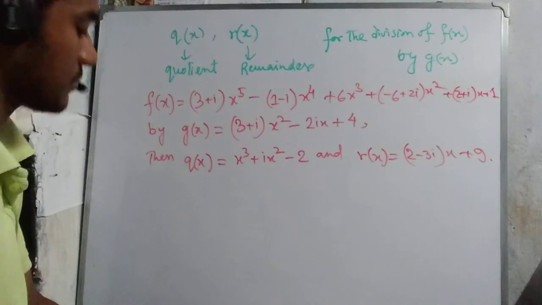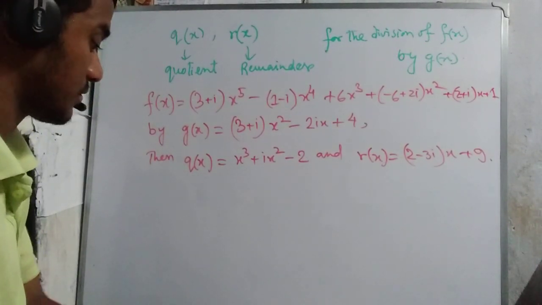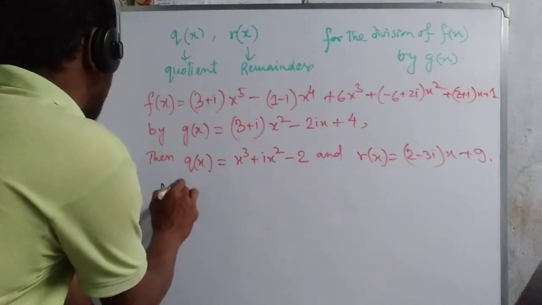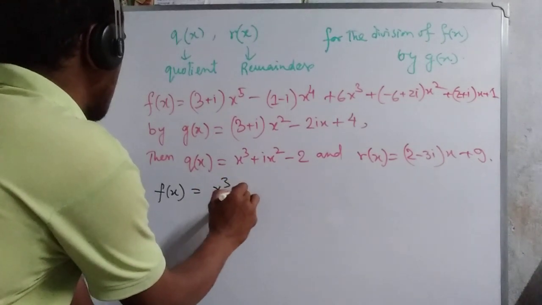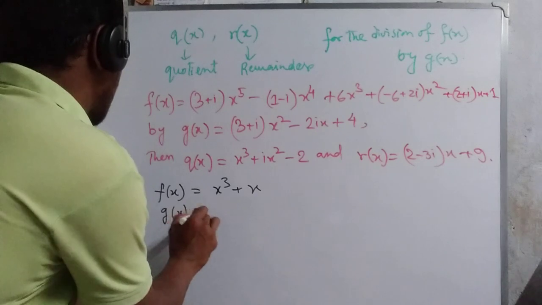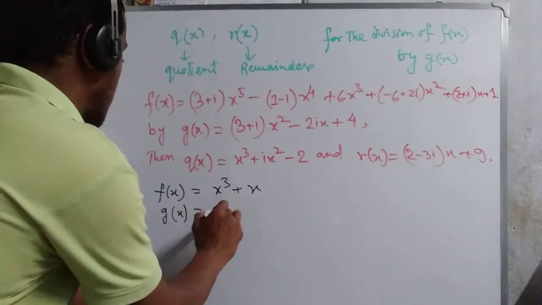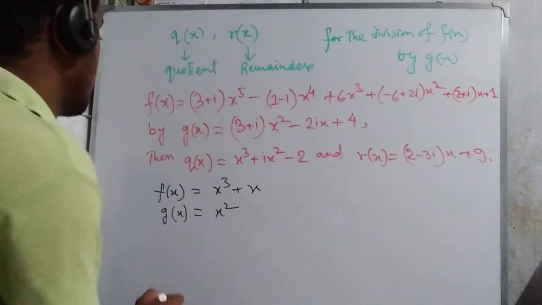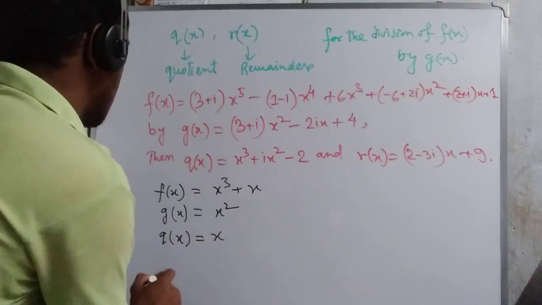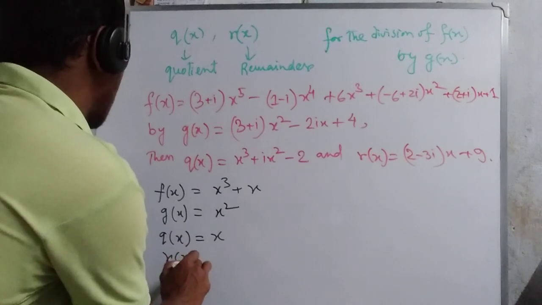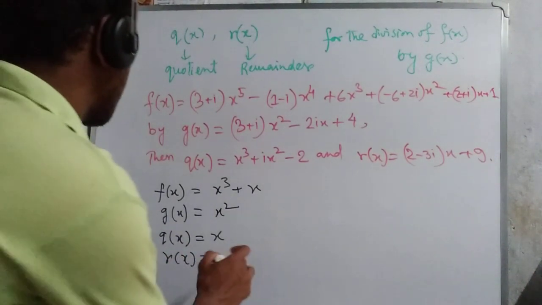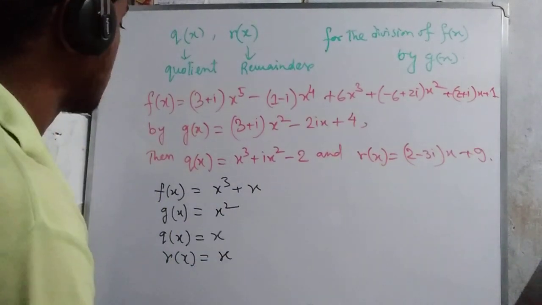In this way, a simple example: if f(x) equal to x cubed plus x and g(x) equal to x squared, then q(x) equal to x and r(x) equal to x.